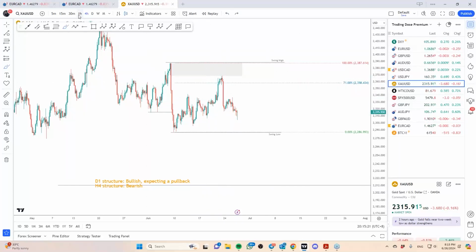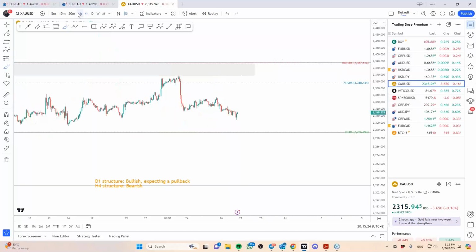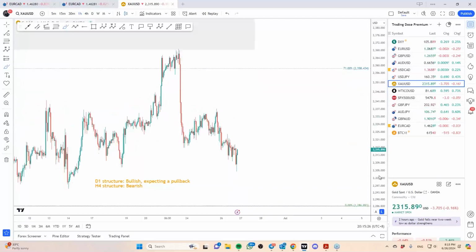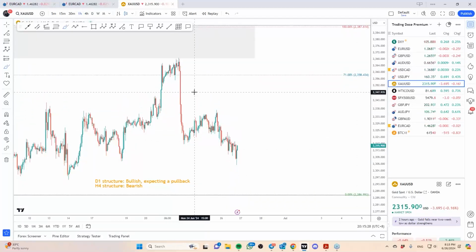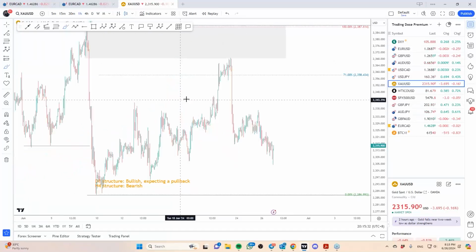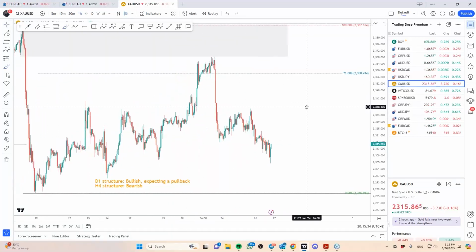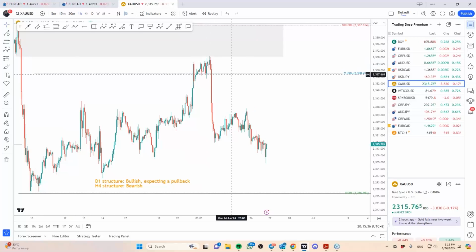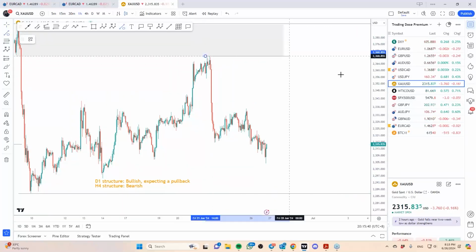So what you can do is consider going down to the hourly, or even the H4, and the same thing applies, right? Over here you can see on the H1 and H4 you do see slightly different structure. If I clean up a little bit, on the H1 this becomes your swing high.